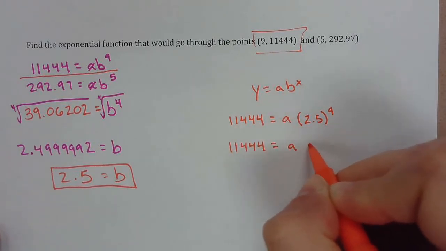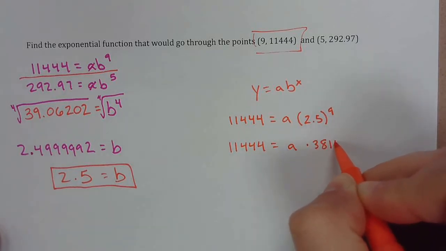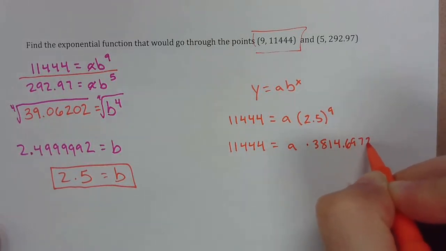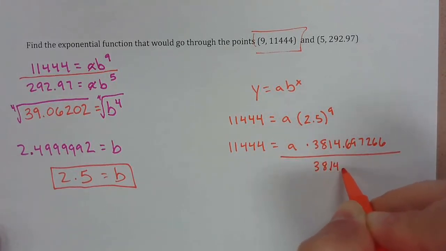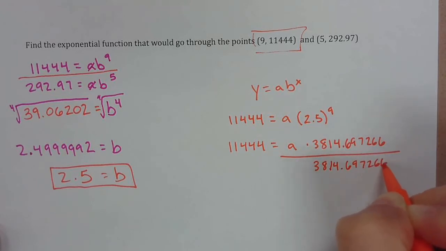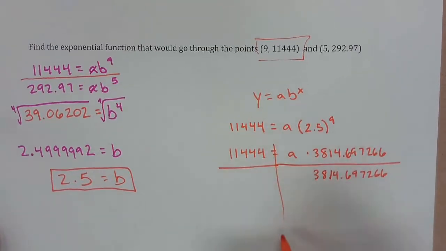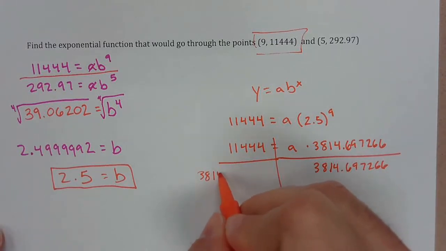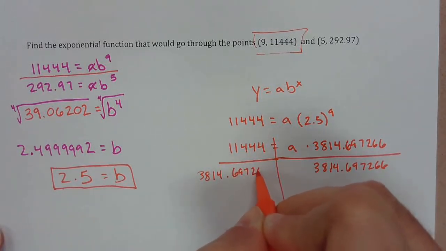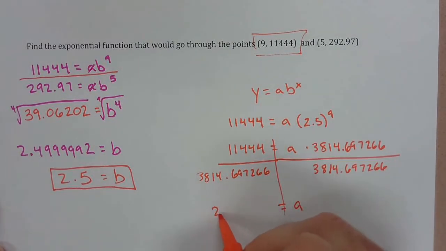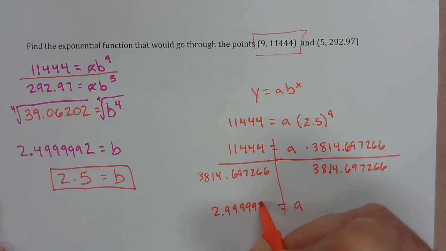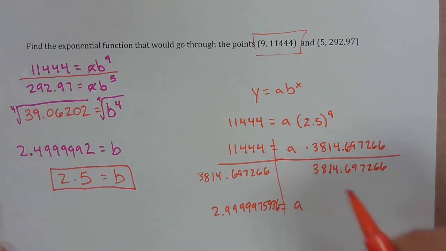11,444 equals a times 3814.697266. So I divide that crazy number, 3814.697266, on both sides, and that is going to give me an a value of 2.9999975936, which we are going to say is 3.